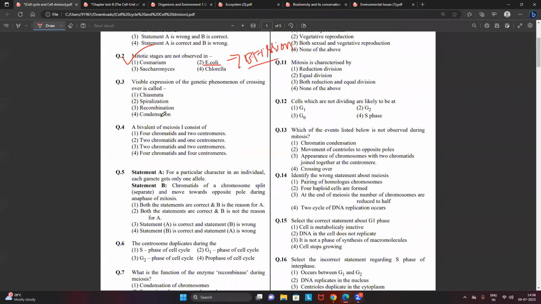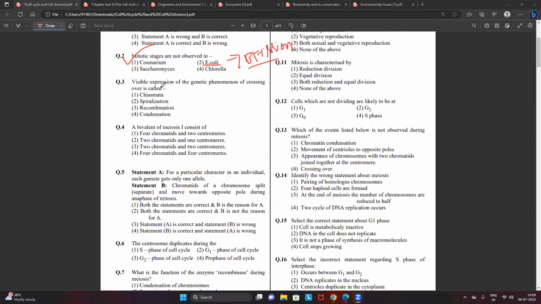Question number 3: a visible expression of the genetic phenomenon of crossing over is called as? You're not understanding the question, friends. Slowly.